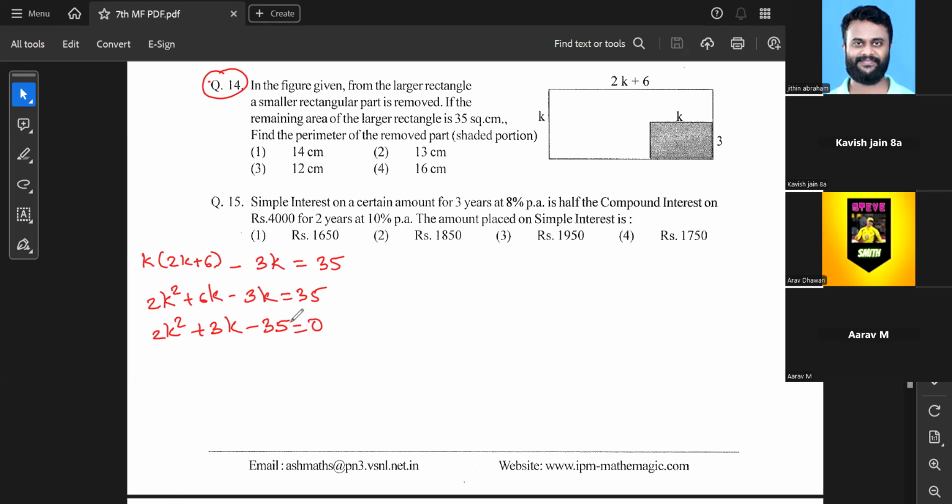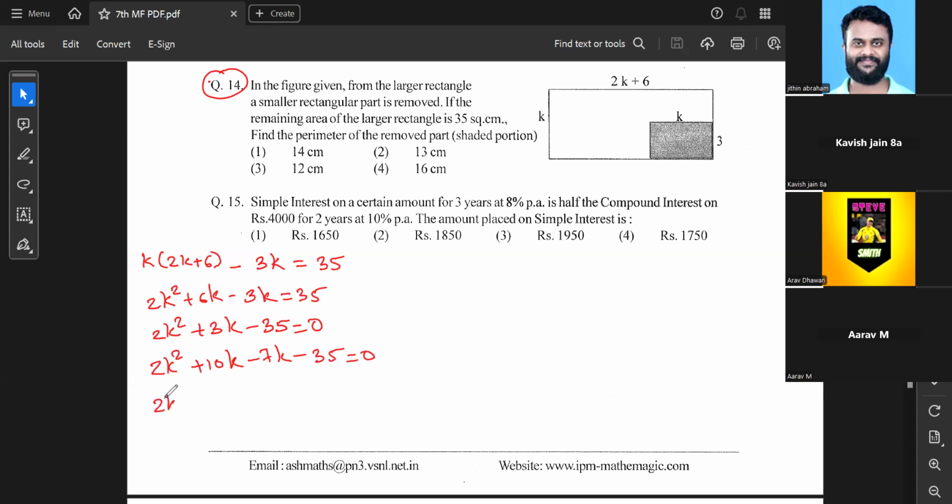So in this case, this should be minus 70. The difference is 3. To get minus 70, 14 and 5 don't work, then 7 and 10 work. So your factors are 2k square plus 10k minus 7k minus 35 is equal to 0.